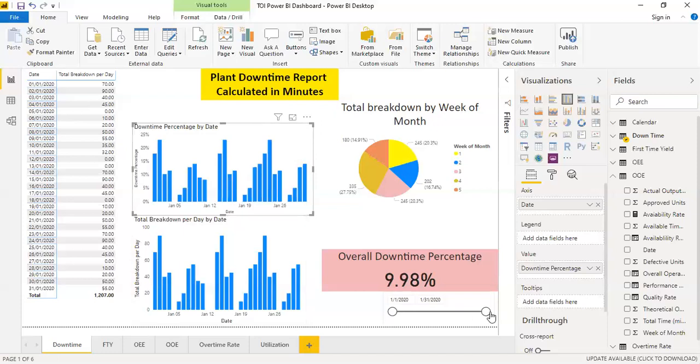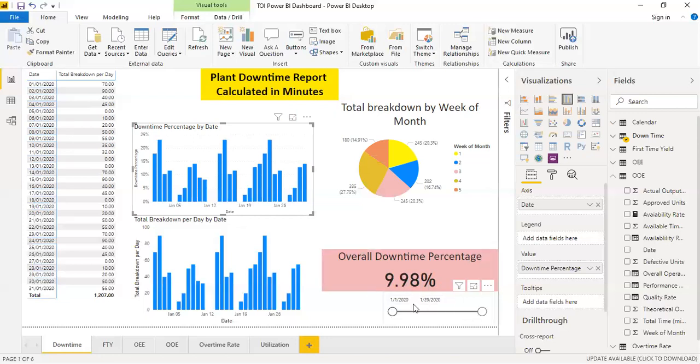We also have this card showing overall downtime percentage, and that is 9.98%. It is calculated by dividing the total breakdown that occurred in a particular day by the actual available time they had. So this is the ratio.